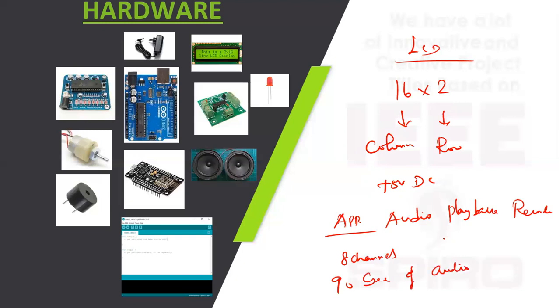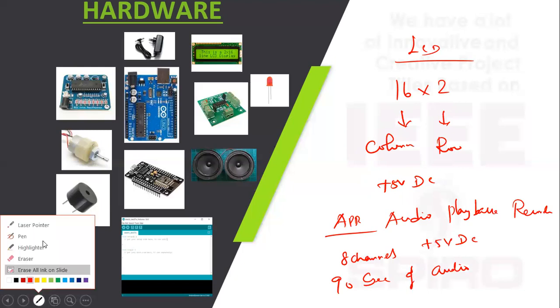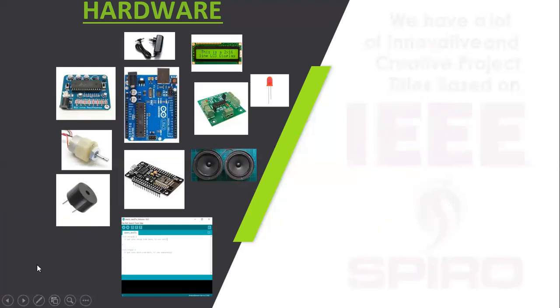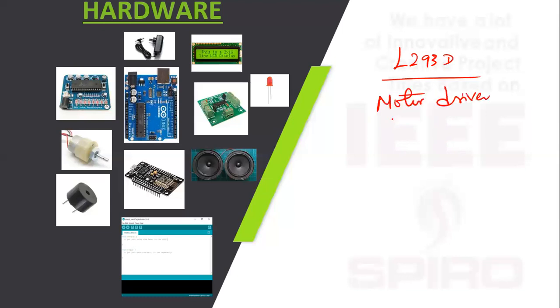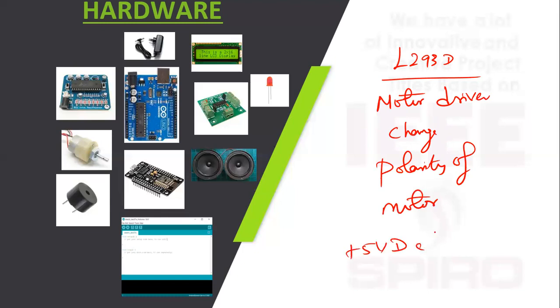Its operating voltage is plus 5 volt DC. Next one is the L293D motor driver, which is used to change the polarity of the motor. The operating voltage is plus 5 volt DC.